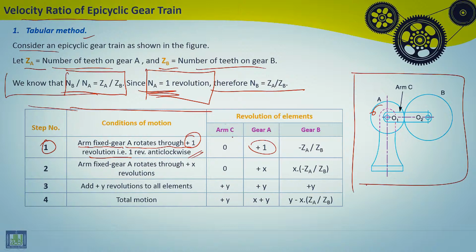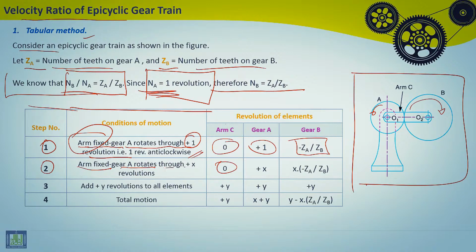Then the velocity of the gear B, it is minus ZA divided by ZB because it will be in the clockwise direction. Arm is fixed, that means velocity is equal to 0.